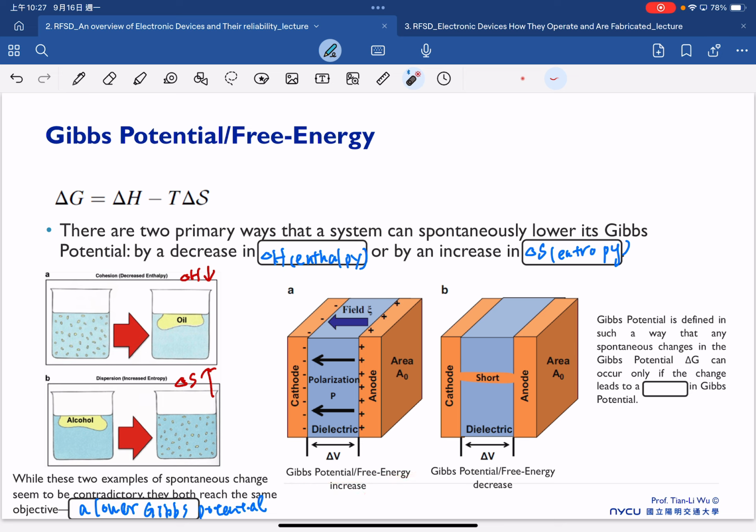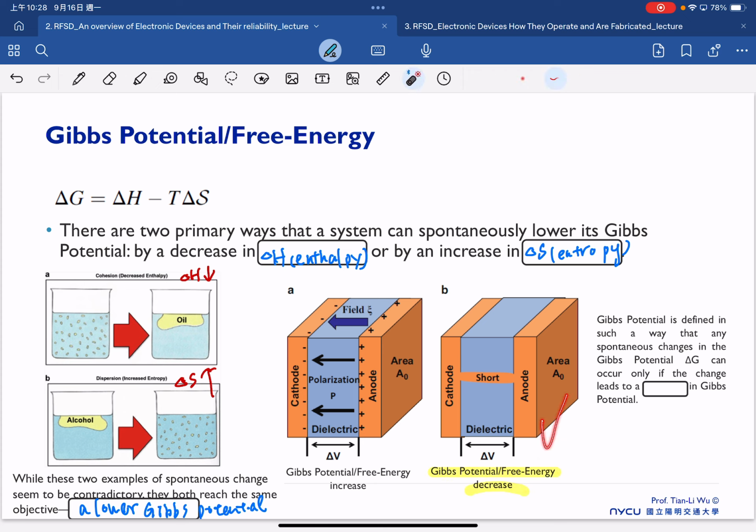On the other hand, if we have a certain short in between these two metals, where the anode and cathode are, this can lead to a Gibbs energy decrease.